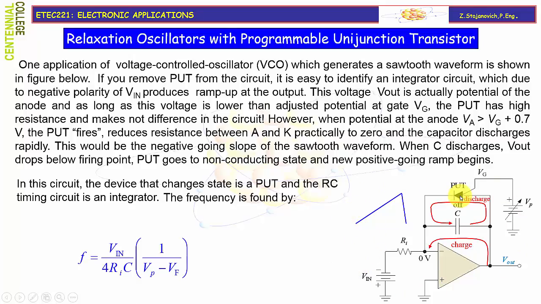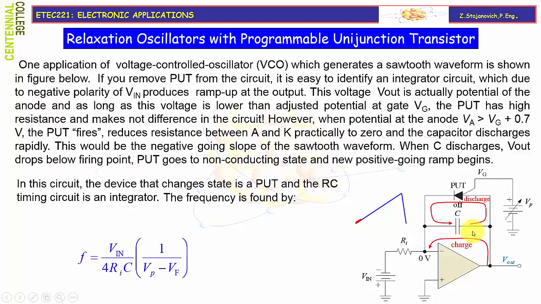If you remove the PUT from this circuit, it is easy to identify an integrator, which, due to negative DC input voltage, will always ramp up at the output. This voltage, Vout, is actually the potential of the anode, and as long as this potential is lower than the potential at the gate, Vg, the PUT is off and the capacitor starts charging.